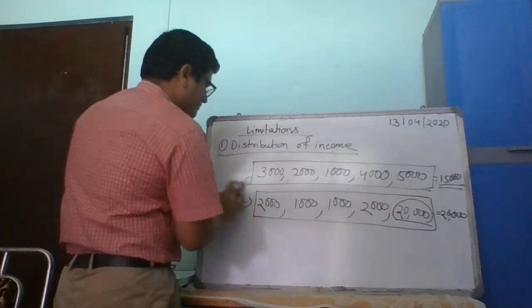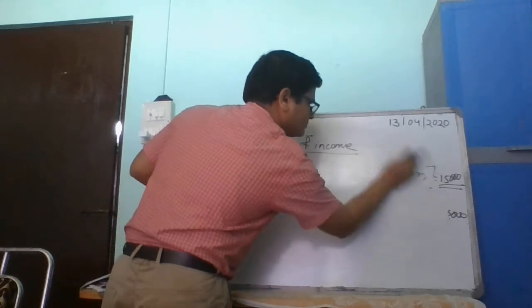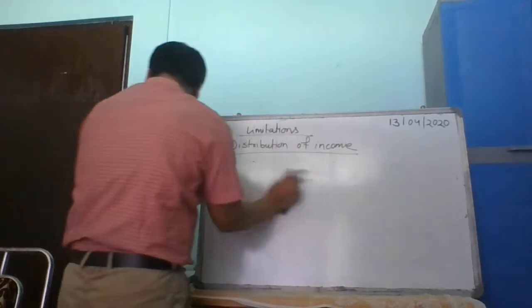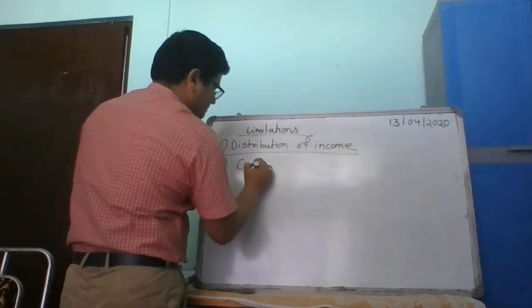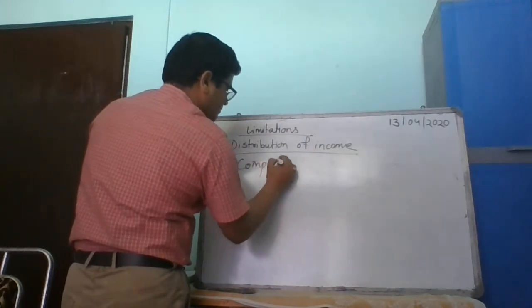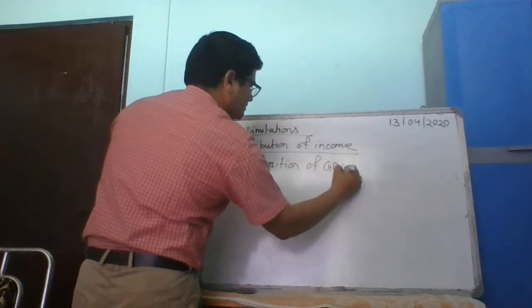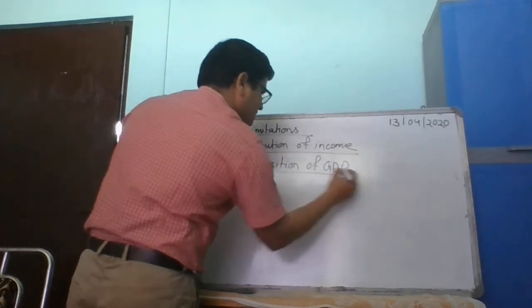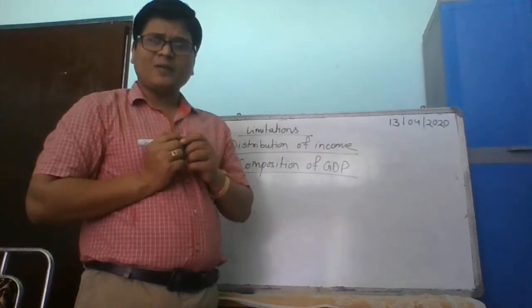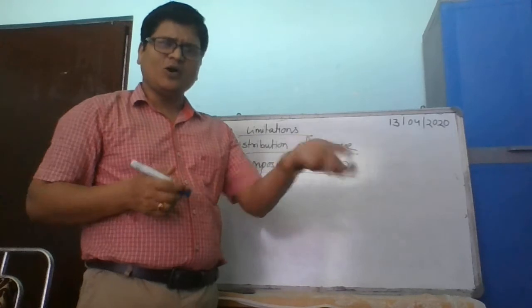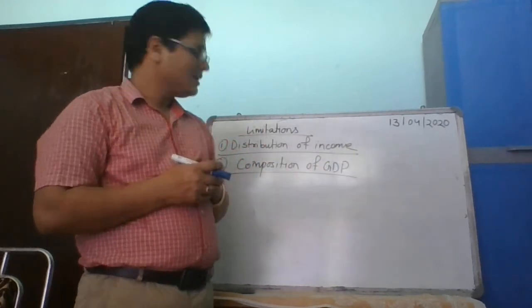Then, second, composition of GDP. GDP increases if production of output increases, total output increases.